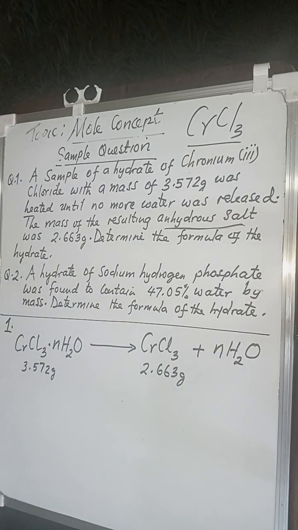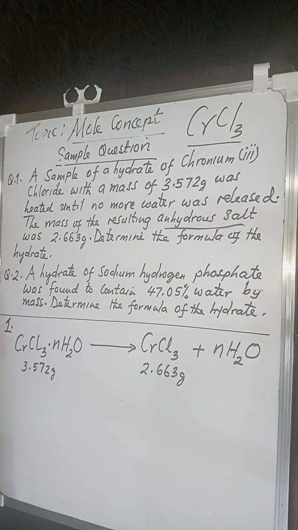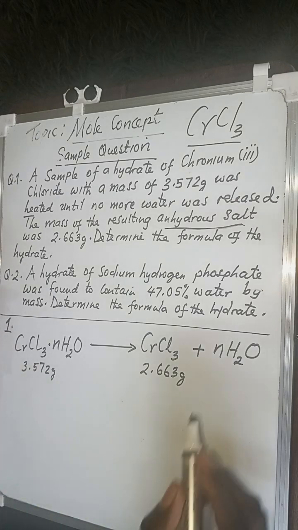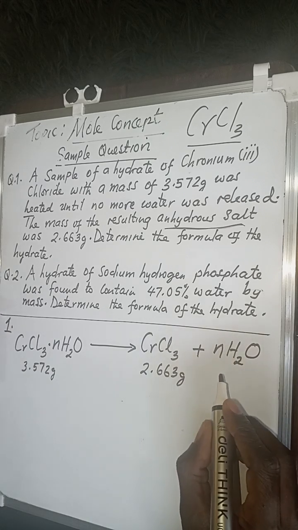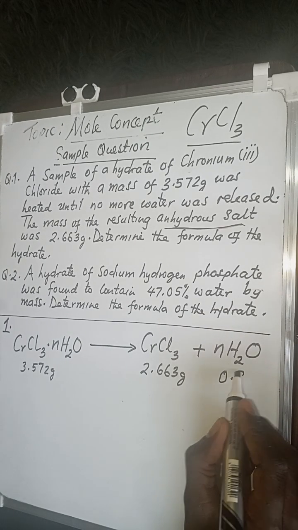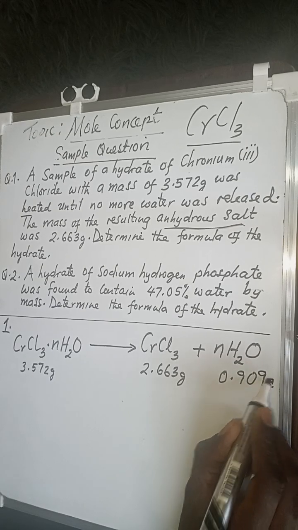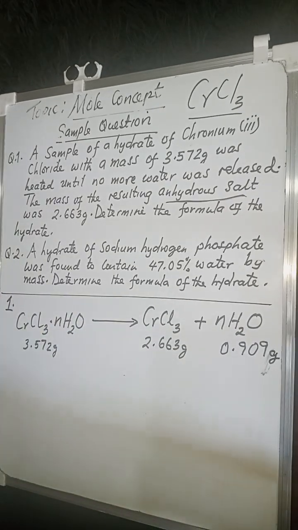If that is the case, we can know the mass of the water that was released by getting the total mass of the hydrate, 3.572, and subtracting that of the anhydrous, 2.663. So the mass of the water that was ejected is 0.909 grams. So that is the mass of the water that was released.